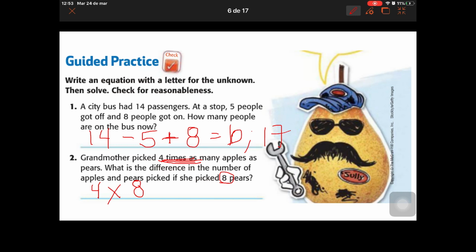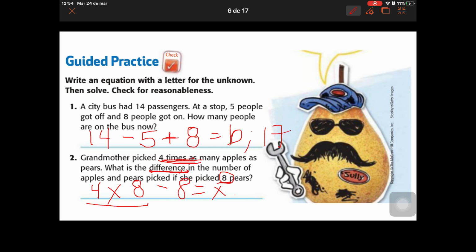But then they're asking you for the difference. What does difference mean? If they're telling you that it has to be a difference, this means that you're gonna subtract. So 4 times 8 equals what?